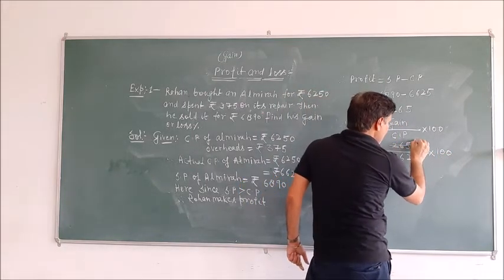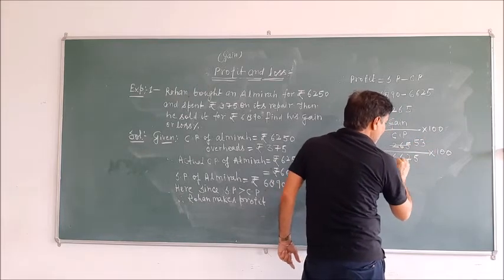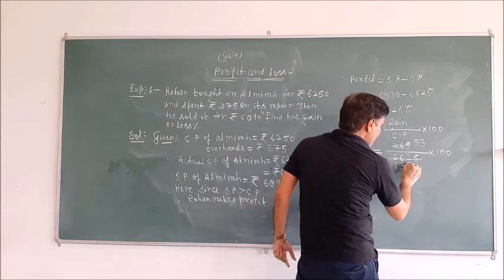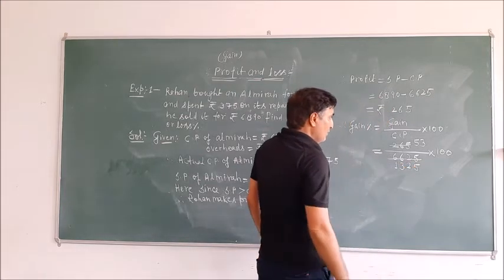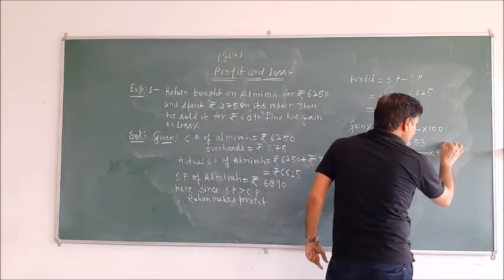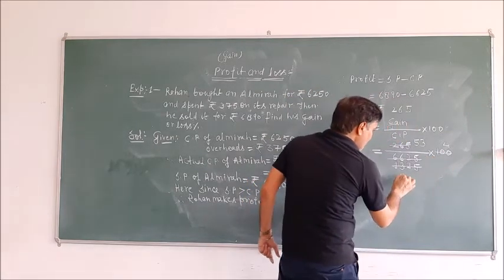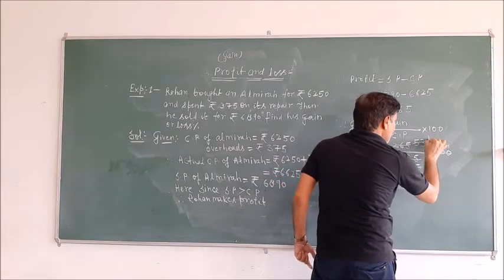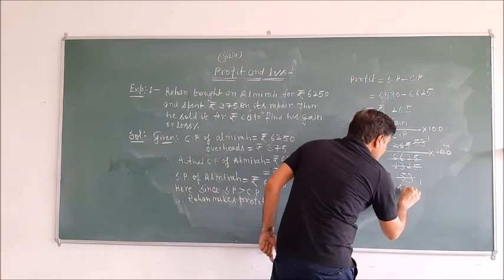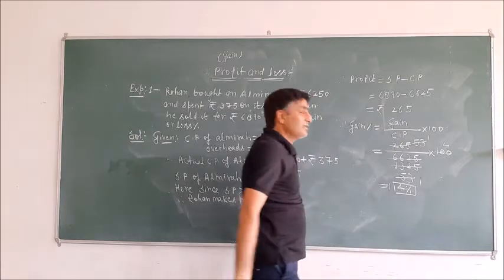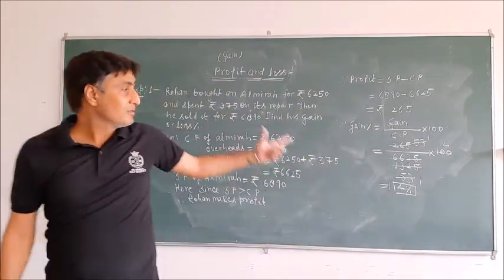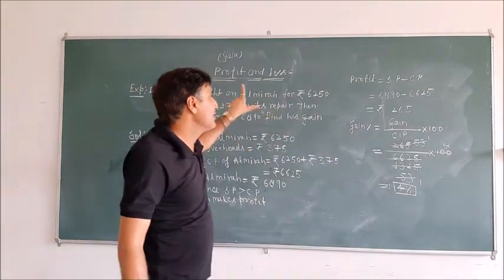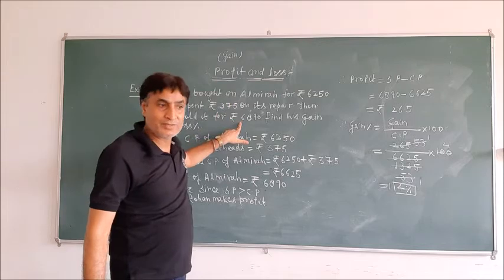Simplifying, this becomes 4%. So dear students, we can say that Rohan makes a profit of 4% on purchasing and selling this almirah.